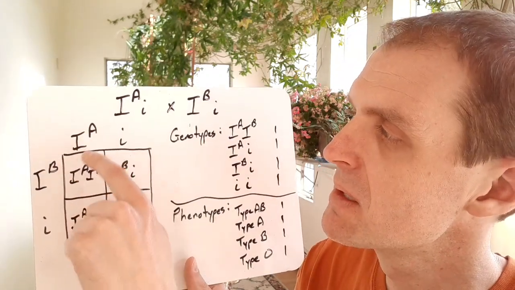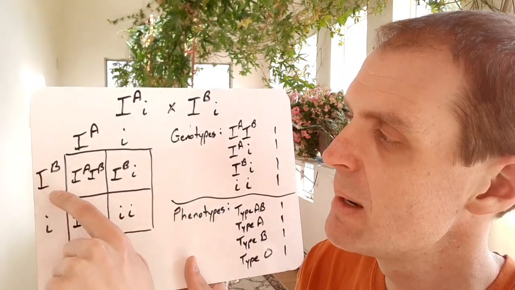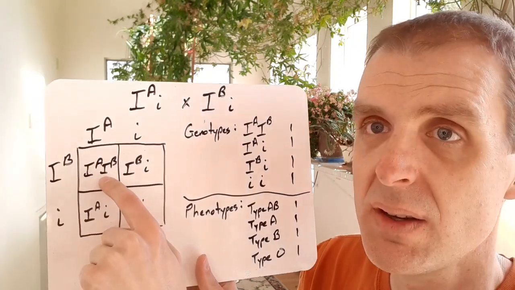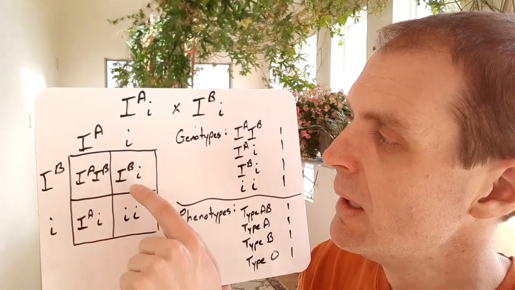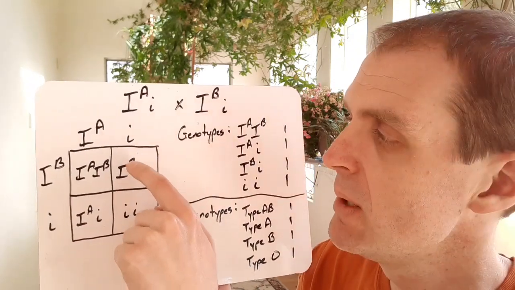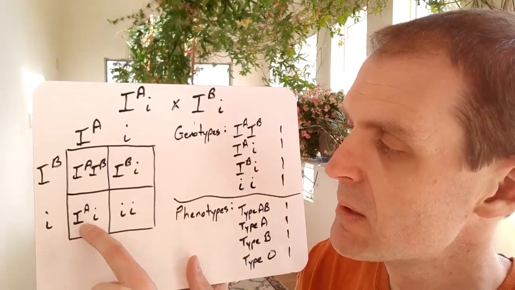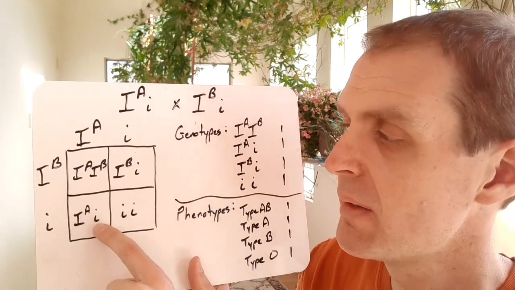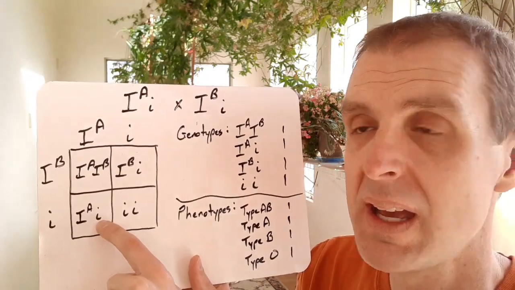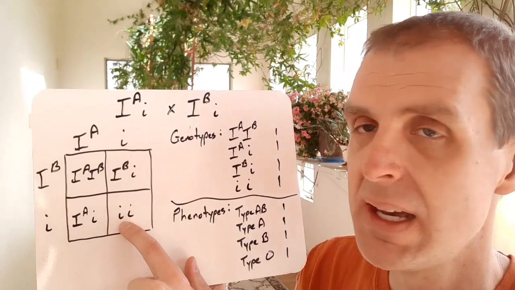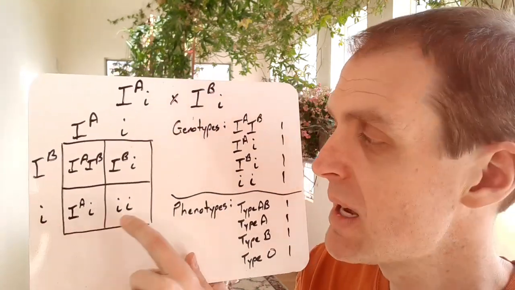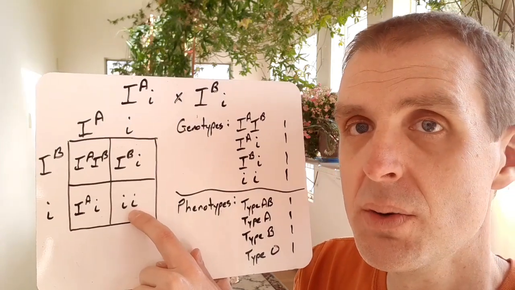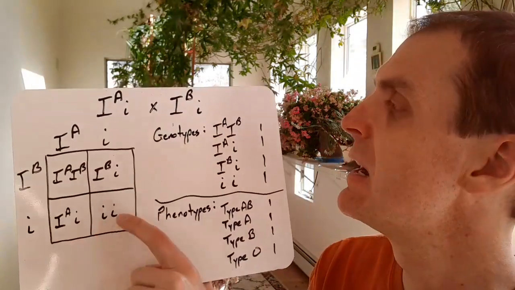So this gamete and this gamete come together, and you have an organism that's AB. This one is B with the superscript I. This one is A with the lowercase i, B lowercase i, and then this lowercase i could match up with this lowercase i, and you end up homozygous for lowercase i.